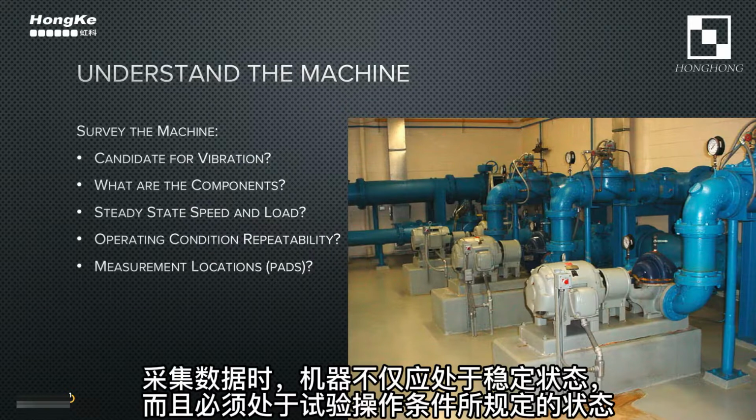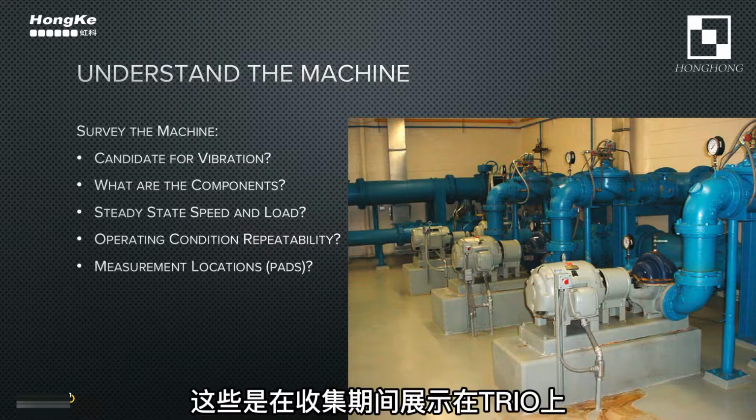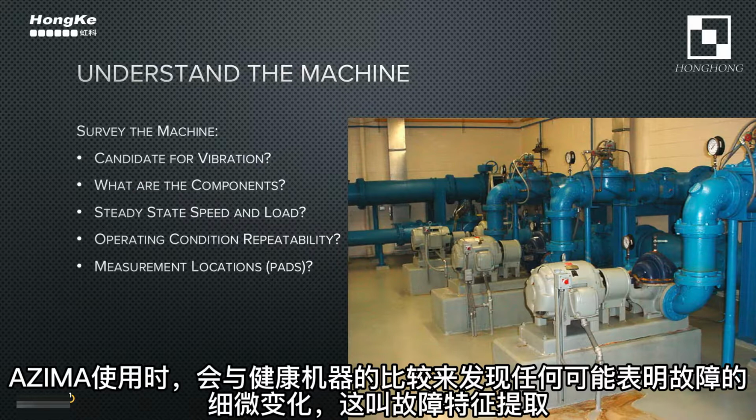During the collection, the machine should not only be in a stable condition, but must be at the condition that is defined by the test operating conditions. These are presented on the TRIO during collection. Azima uses a comparison to healthy machines to find any subtle changes that may indicate a fault, called fault feature extraction.